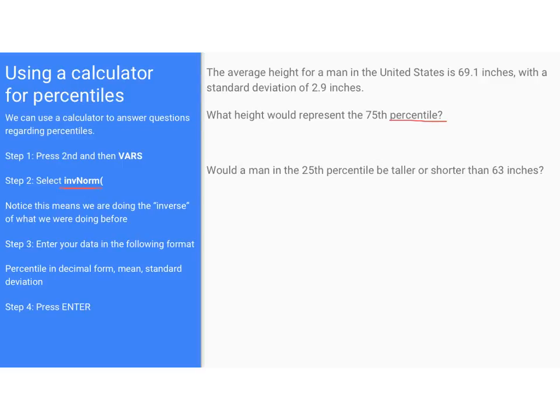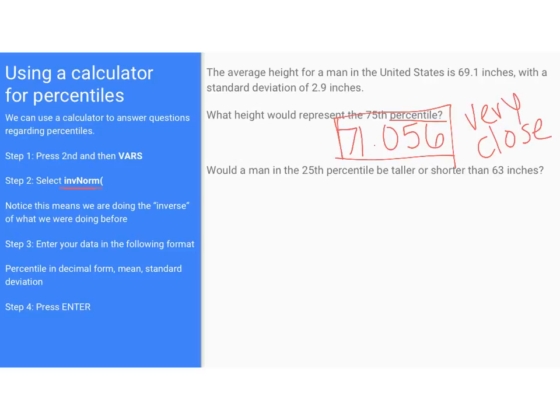The area, that is going to be your percentile. So you're going to put 0.75 in for the area. Mu is your mean, so that was 69.1. And sigma is standard deviation, that's 2.9. Going to hit enter. Enter again, and it spits out 71.056. Notice that this is a little bit different than what we got without a calculator, but it is very close, just the same thing.